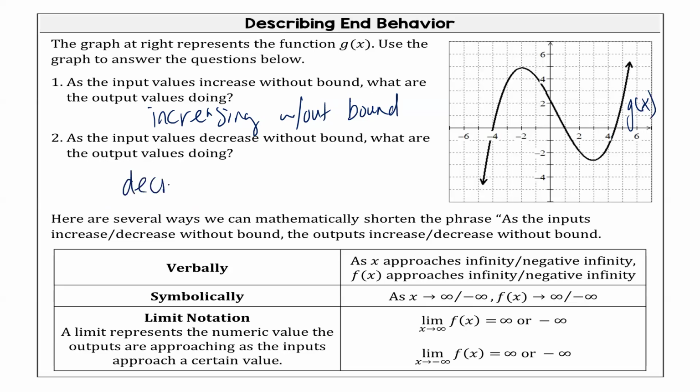We are decreasing. So when my input values are increasing, remember that means I'm going to the right. When my input values are decreasing, that means I'm going to the left. I know it sounds repetitive, but a lot of times for vocabulary and unfamiliar phrases, we have to hear it over and over for it to click. Make sense?